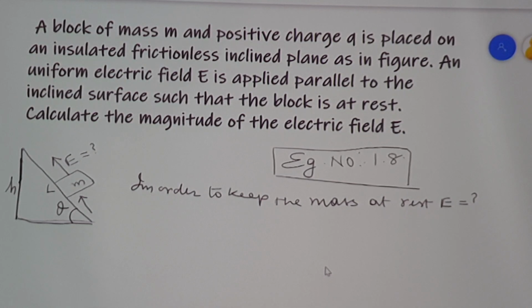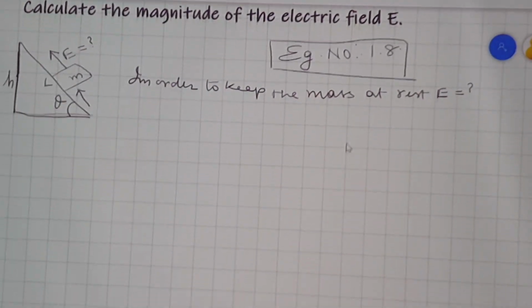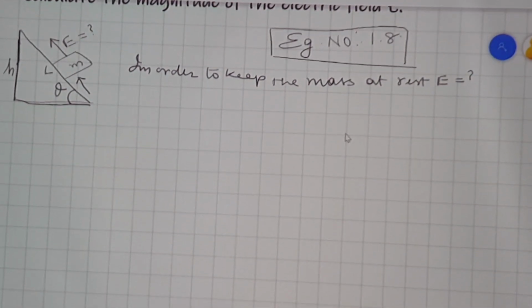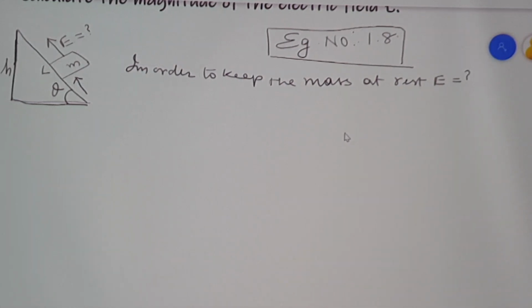So I will be drawing that diagram again and I will be explaining. See, what is the problem now? We are having an inclined plane. So the inclined plane is given like this. The height of the inclined plane is h. Length of the inclined plane is L. Angle of inclination is theta. Over this, you are having a body of mass m.